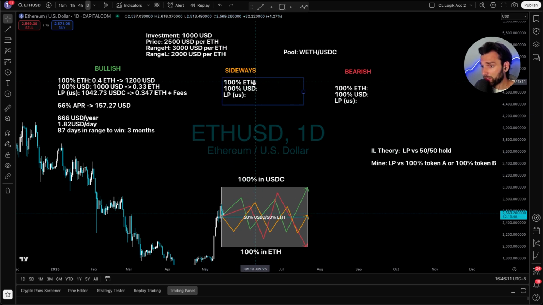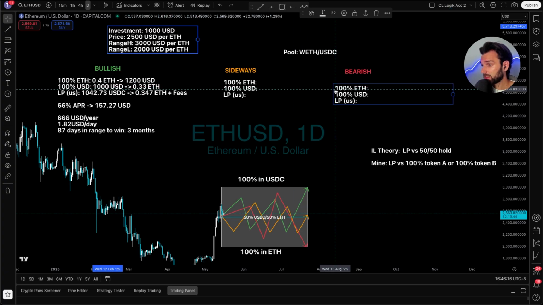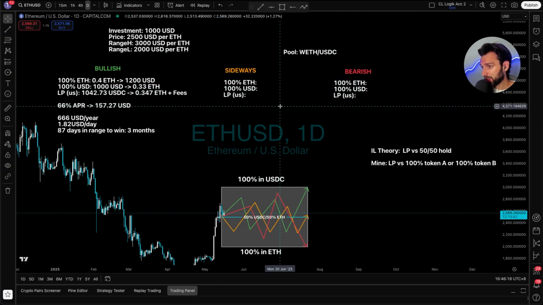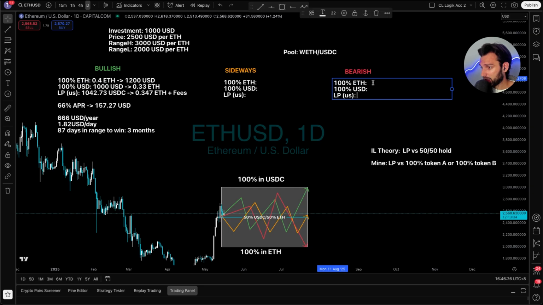So basically, we could do the same thing for all of the others, right? For the other scenarios. But what is basically going to happen is that here in a bearish scenario, of course, 100% ETH will lose. These guys will have 0.4 ETH, but $800, 800 USD, right?